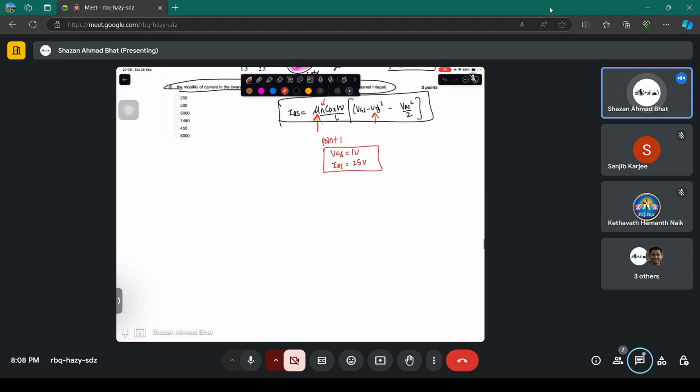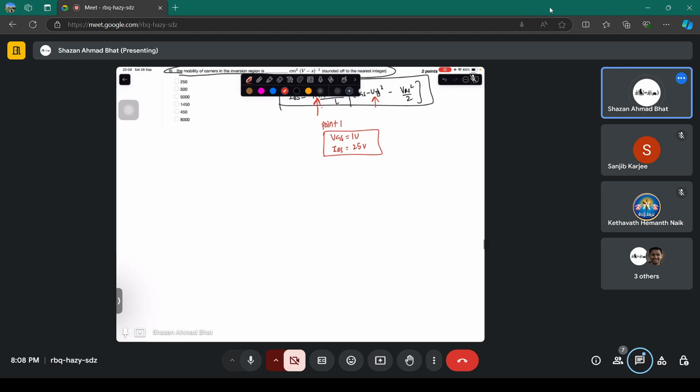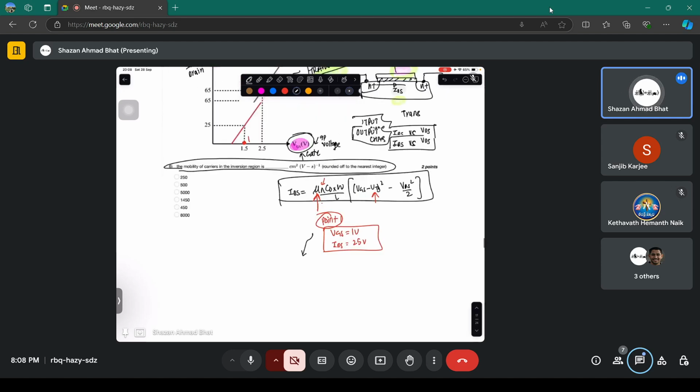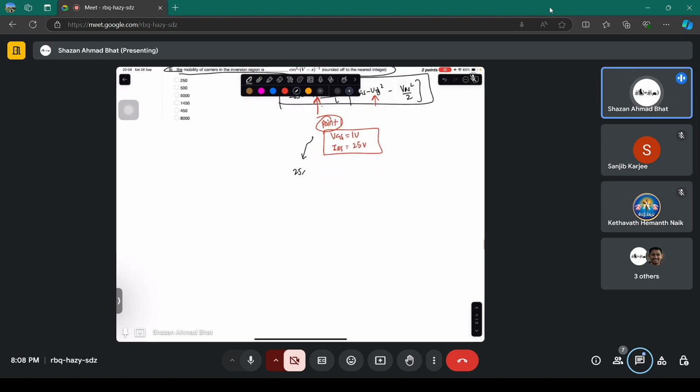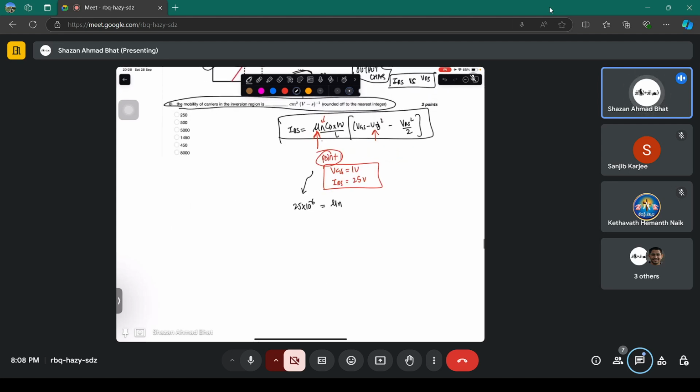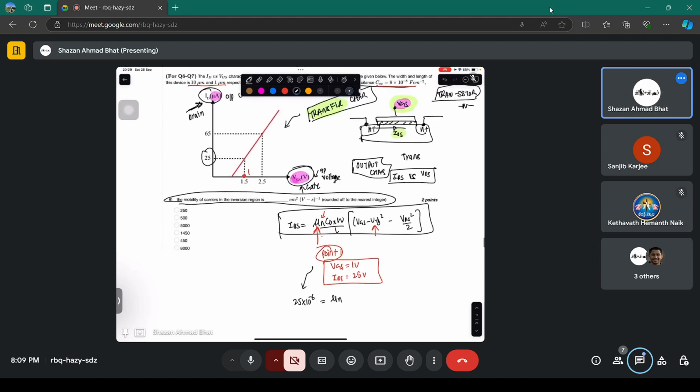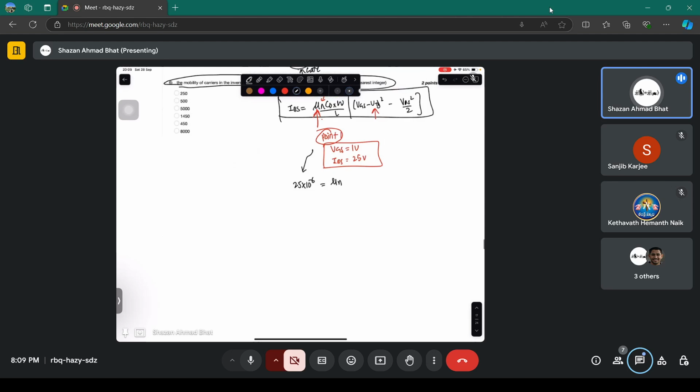So let's solve at point 1. How much is the current? 25 microamps. So you have 25 into 10 to the power minus 6 equal to mu n times Cox, which is 8 into 10 to the power minus 8 farad per centimeter square. You have to take care of the units, so let's keep it in centimeters for now.